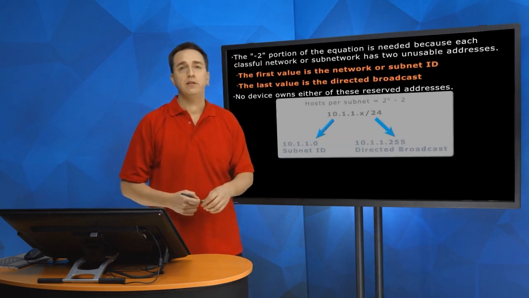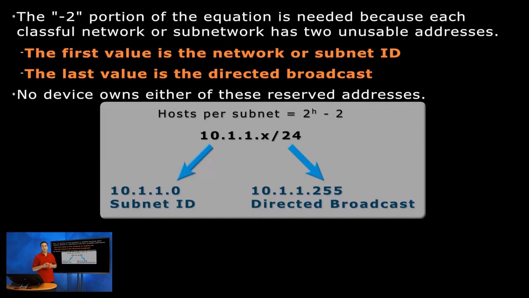We're subtracting 2 because our routers use the very first IP address in a subnet as the subnet ID. For example, if your subnet is 10.1.1.0/24, well, 10.1.1.0 is the subnet ID.